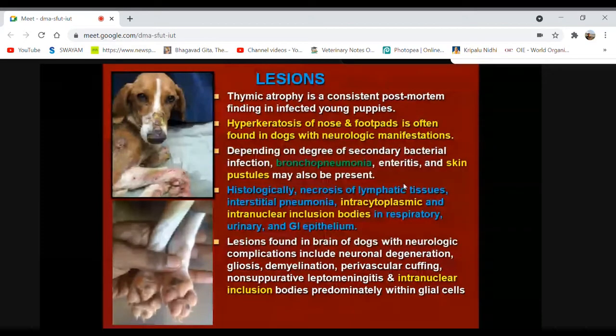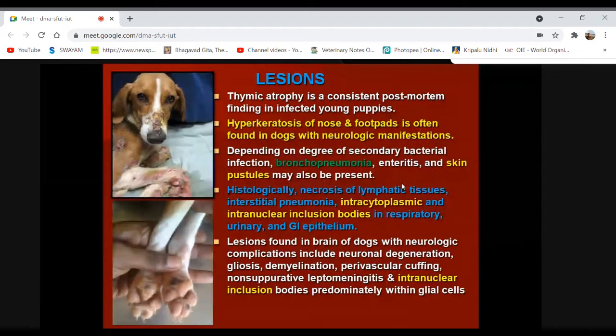Histologically, mostly the lymphoid tissues are affected, and there will be necrotic changes of the lymphocytic cells. Then there will be interstitial pneumonia. One very particular microscopic change is almost pathognomonic: the presence of both intracytoplasmic and intranuclear inclusion bodies in the respiratory, urinary, as well as gastrointestinal tract epithelium.